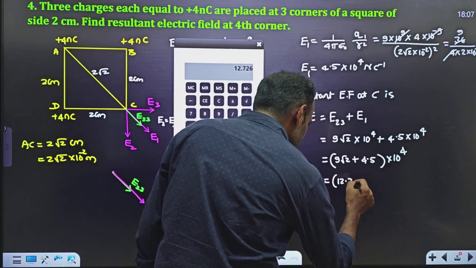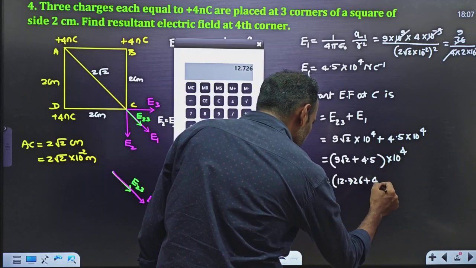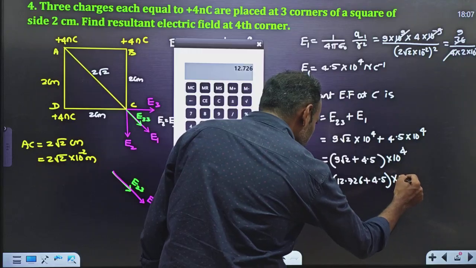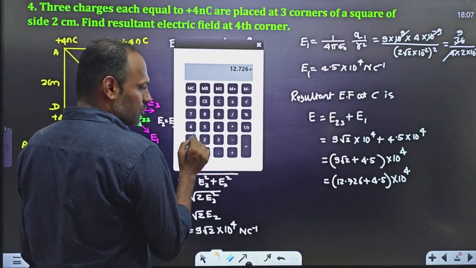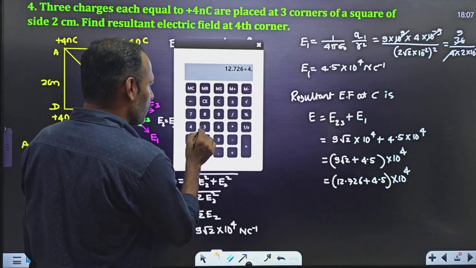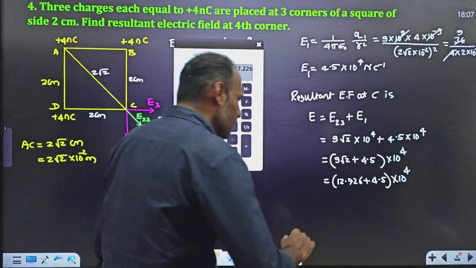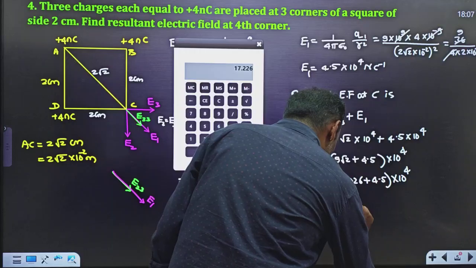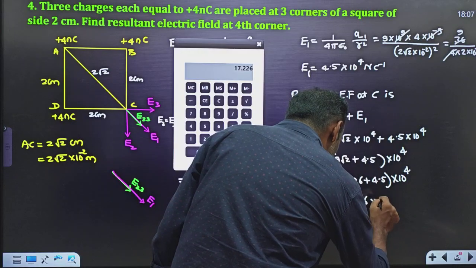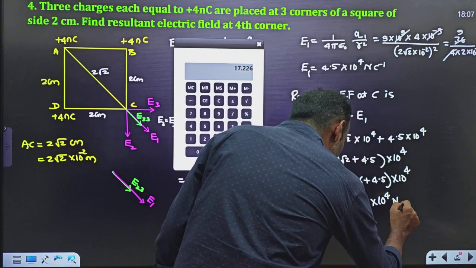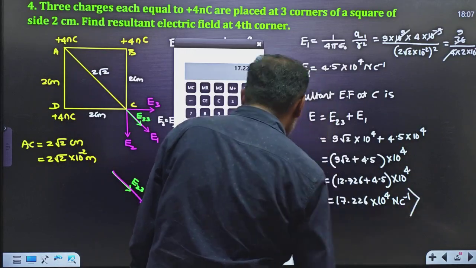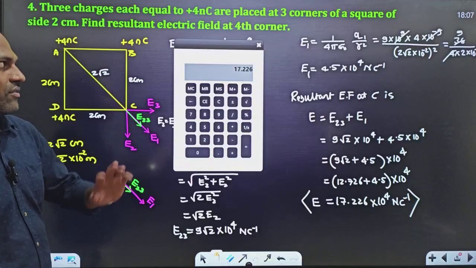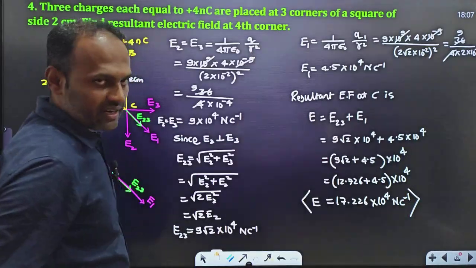Adding 4.5 to this gives 17.226. So 17.226 into 10 to the power plus 4 Newton per coulomb. This much is the electric field at the fourth corner. Correct?